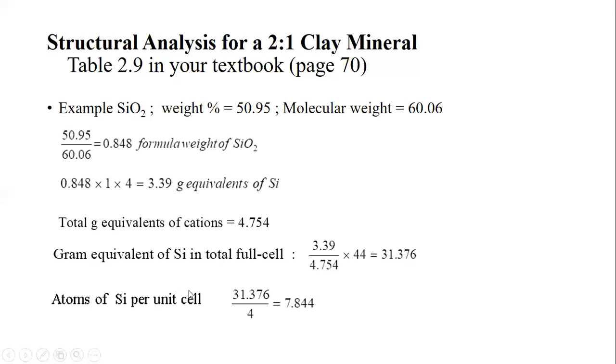So if I want to know how many silicons contributed this number of charges, atoms of silicon per unit cell, we divide this number of charges by 4, so it'll give you 7.844. So the number of atoms of silicon in that structure is 7.844.